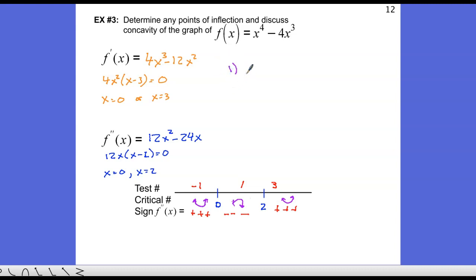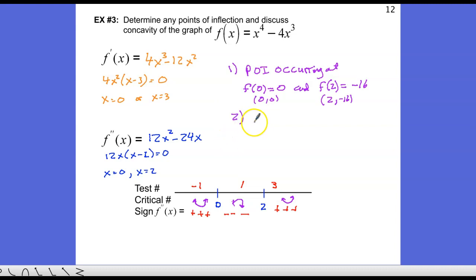We have points of inflection occurring at f of 0 equals, and if we plug 0 into f, we get 0. And f of 2 equals, and if we plug 2 in, I think we get -16. And you could write these as ordered pairs, (0, 0) and (2, -16). But that's where the ordered pairs come from: substitution into the original function.